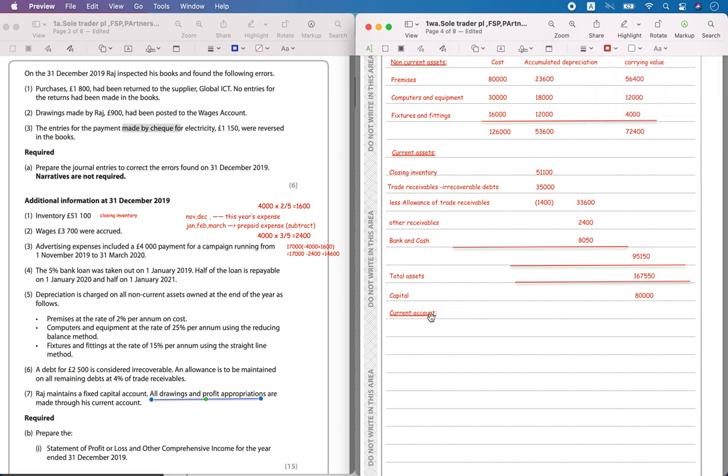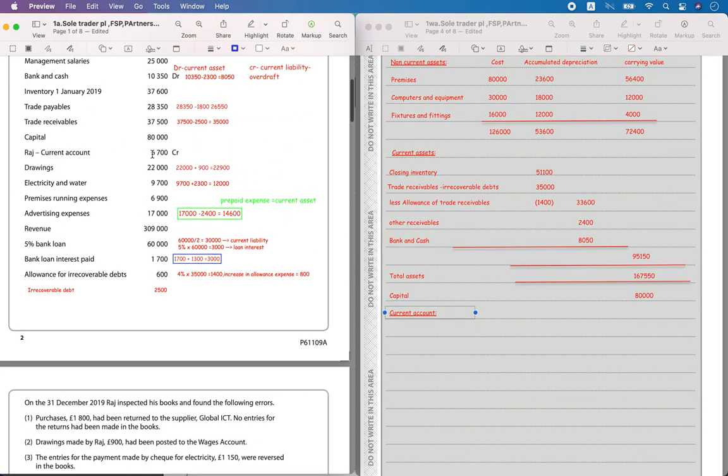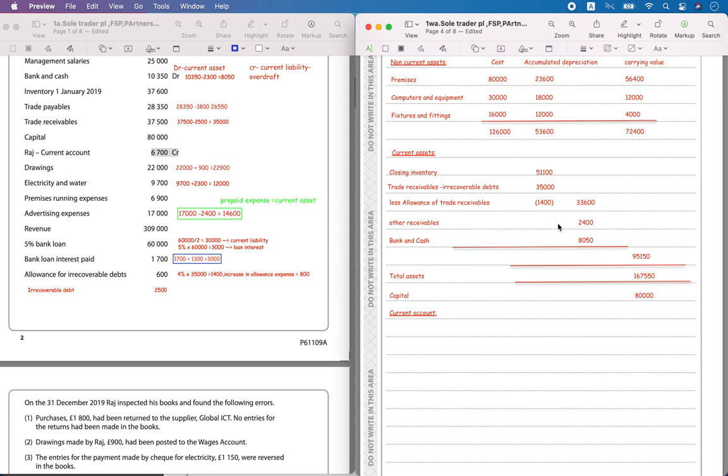This was credit, so you start off with a positive balance. If it was a debit, you should start off with a negative balance. So it is a credit balance, so we write 6,700. If it was given as DR, you should be writing it as a negative amount.